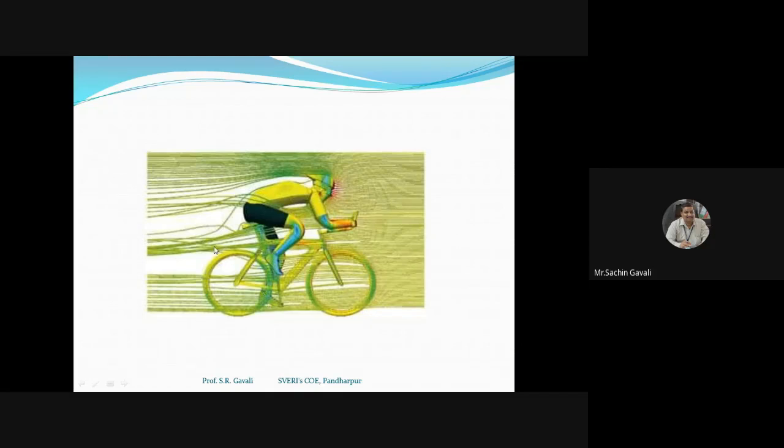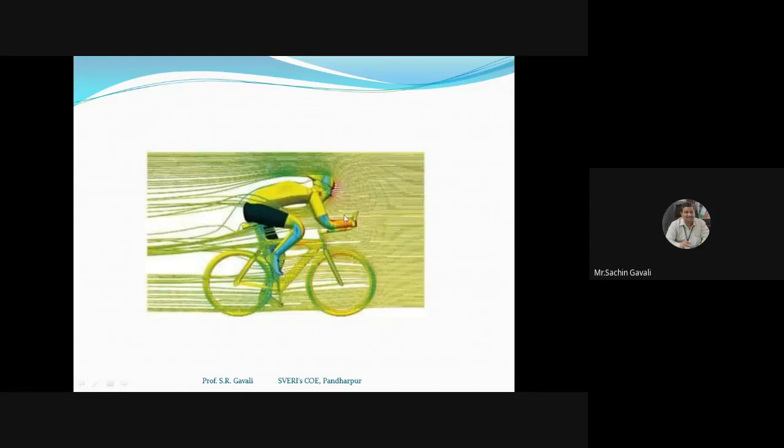We can draw graphical lines, called streamlines, around this cyclist. The intention is to have less resistance, so what should his position be? If he is perpendicular, definitely more resistance will be there.